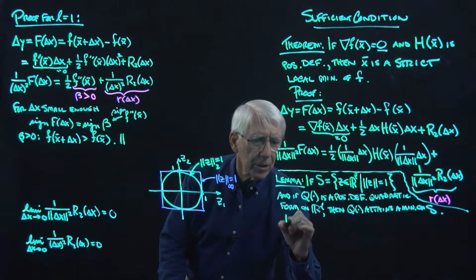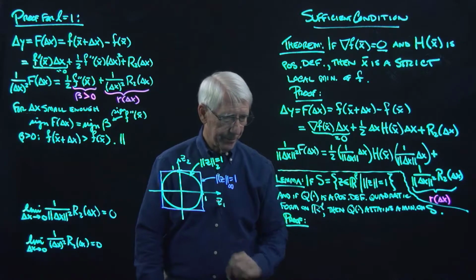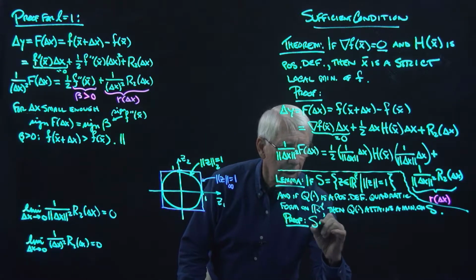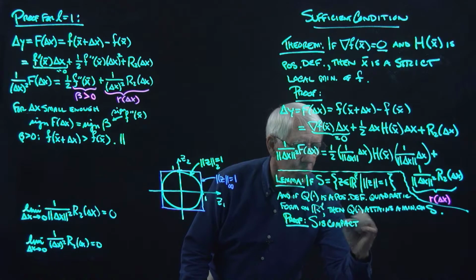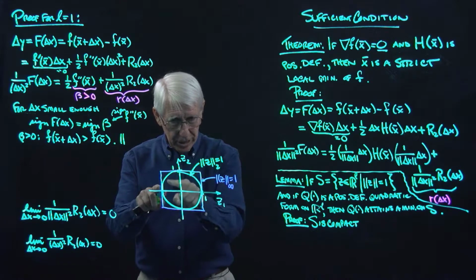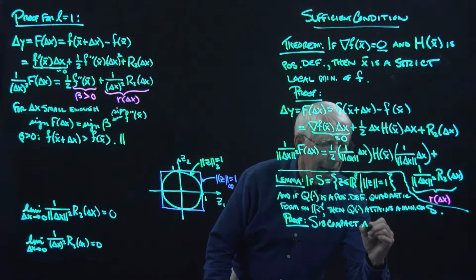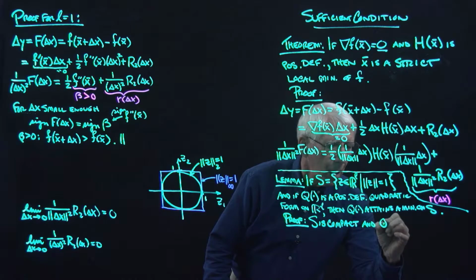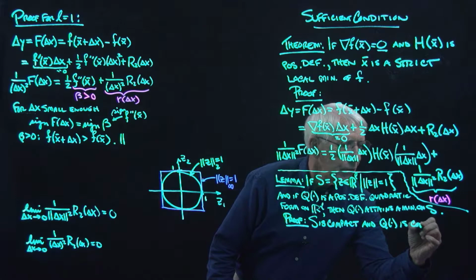So let's give a little proof of our lemma. S is compact, closed and bounded, not the interior, it's just the circle, just the square. S is compact, and quadratic forms are all continuous functions.